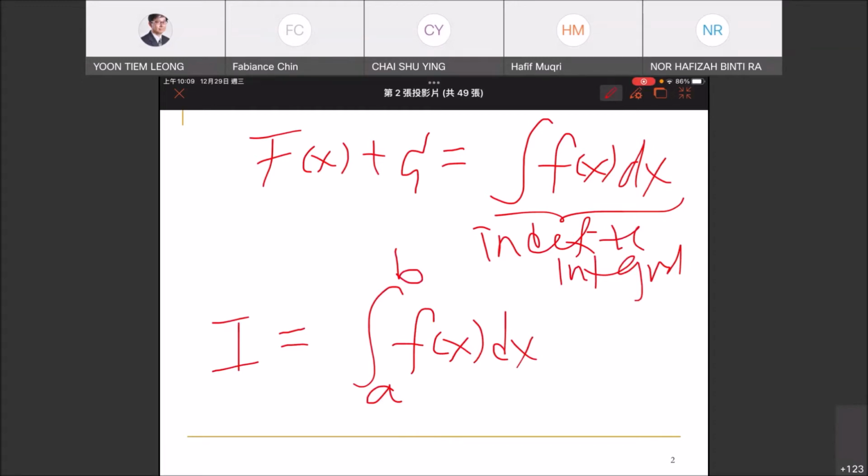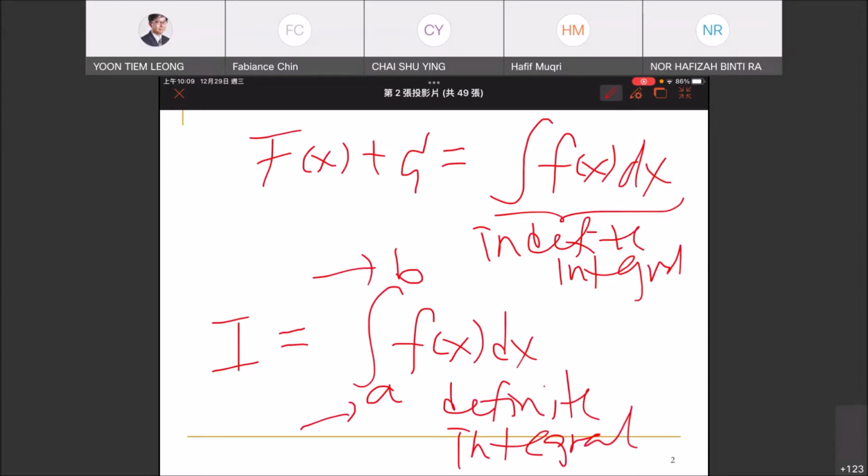So this symbol, with integration from a to b, is called a definite integral. The confusing thing here is that the indefinite integral and the definite integral look almost the same.